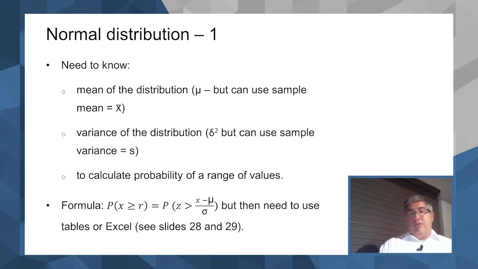The final distribution is called the normal distribution. That is by far the most widely used distribution in business. Why? Because most variables in business, whether they are productivity, whether they are profit, whether they are a number of employees, whatever it is, they follow a normal distribution.